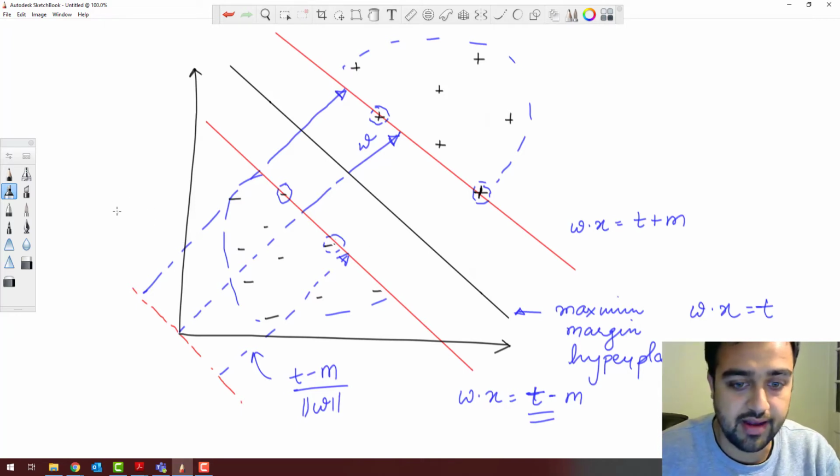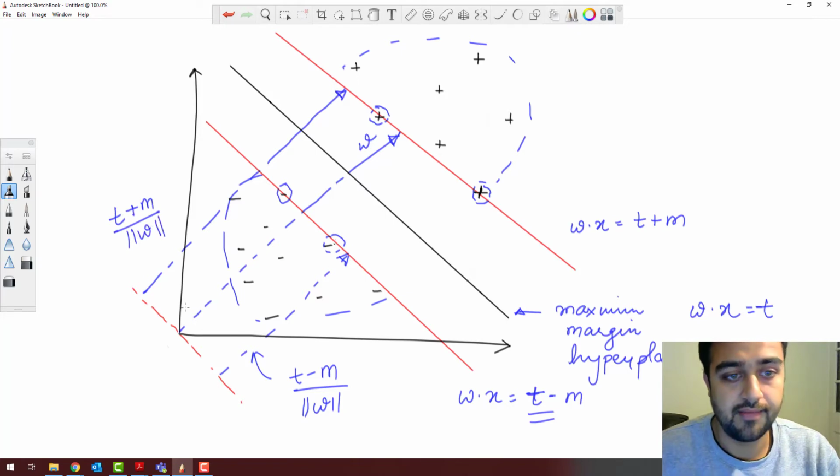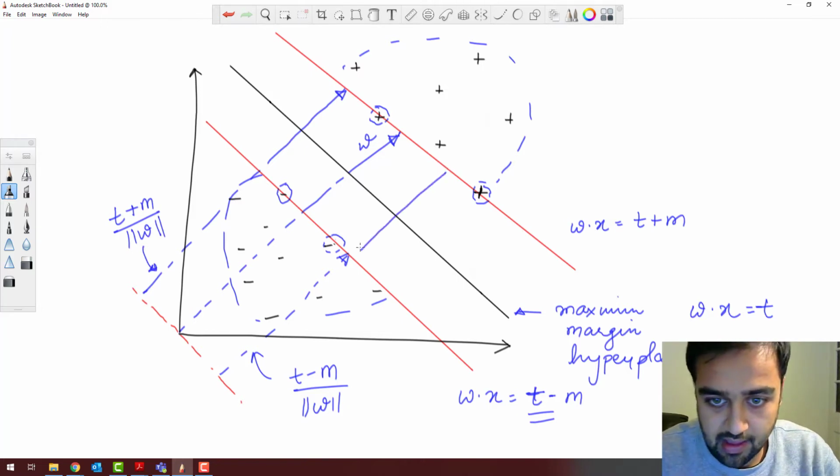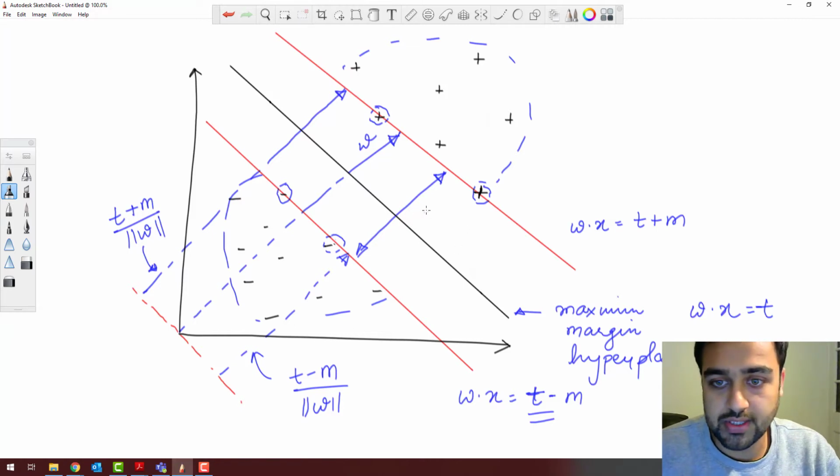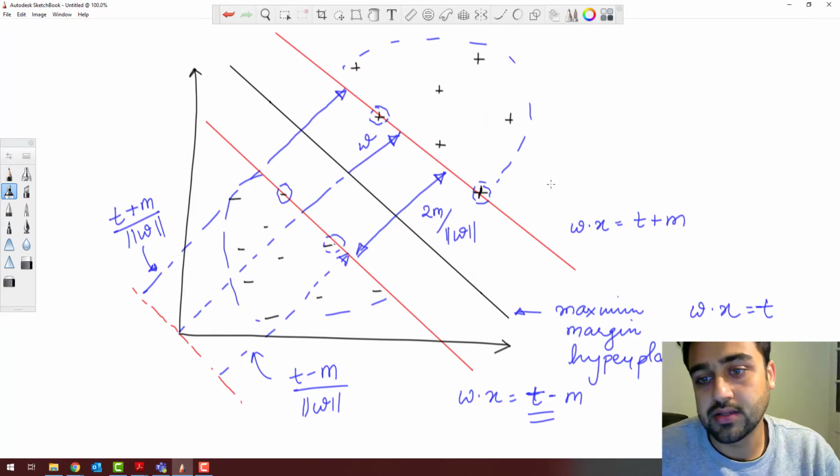Similarly, this vector would be given as t plus m by mod w. We can find the length of our margin as well by subtracting these two, which results in 2m by mod w. So 2m by mod w gives us the length of the margin.